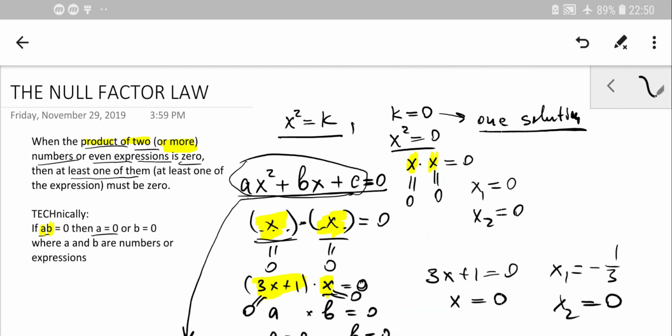I hope you understand the core idea of the null factor theorem or null factor law, and we will apply that in order to solve quadratic equations. So in the next video, we will consider the steps necessary to solve quadratic equations in standard form, like x squared plus bx plus c.